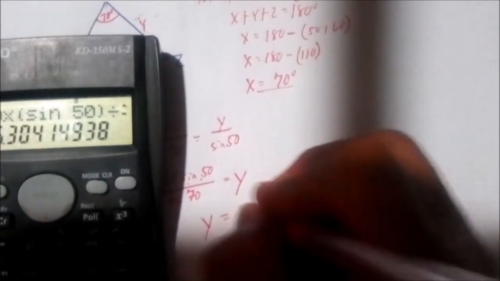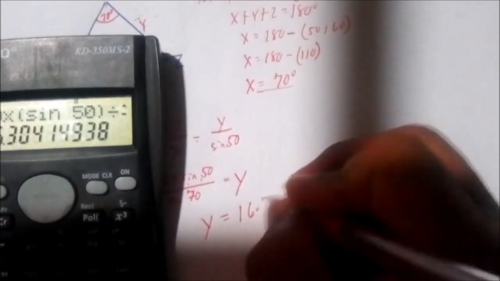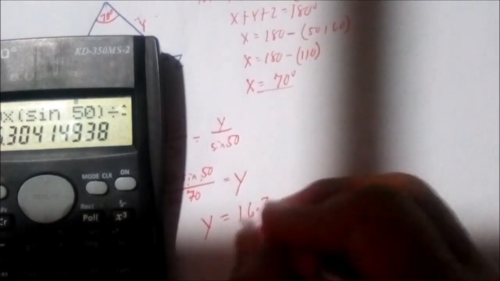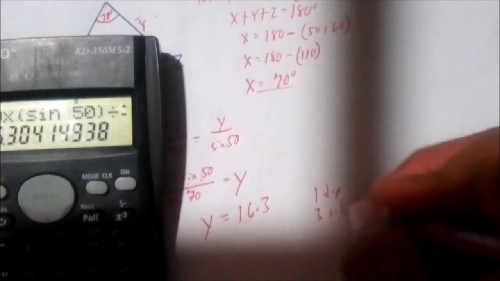Because we're working with whole numbers, my advice is to go to one decimal place, since they didn't specify the units, or in this case it is 3 significant figures.